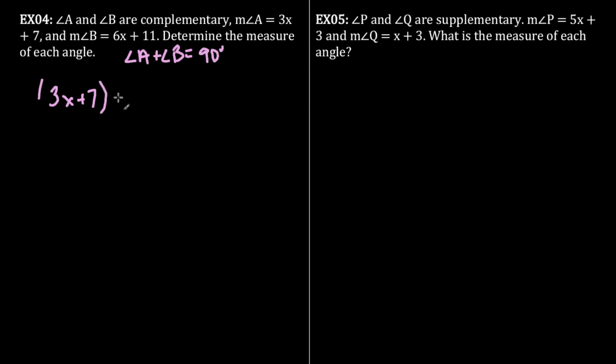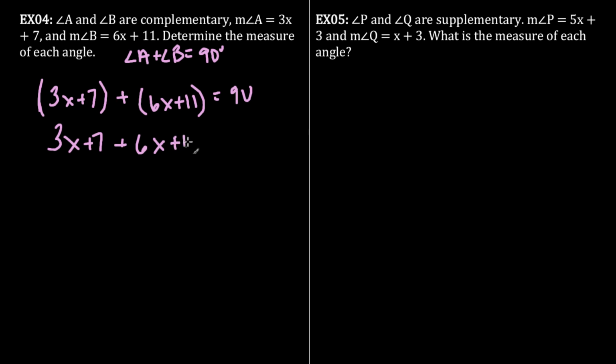So 3x plus 7 plus 6x plus 11 equals 90 degrees.